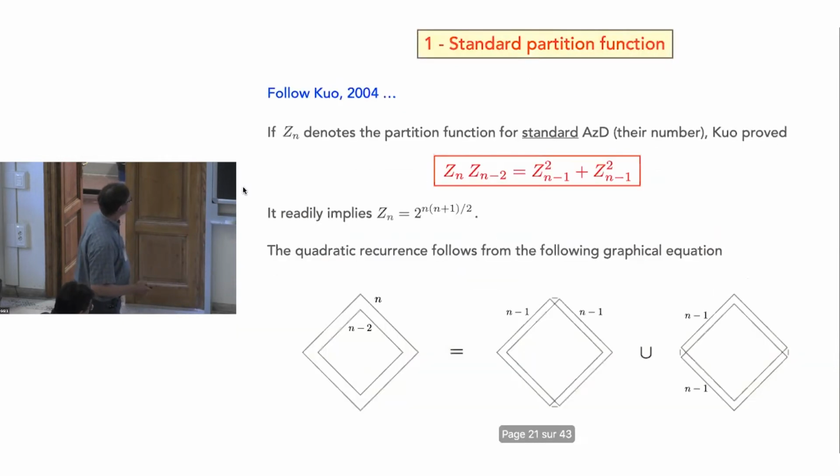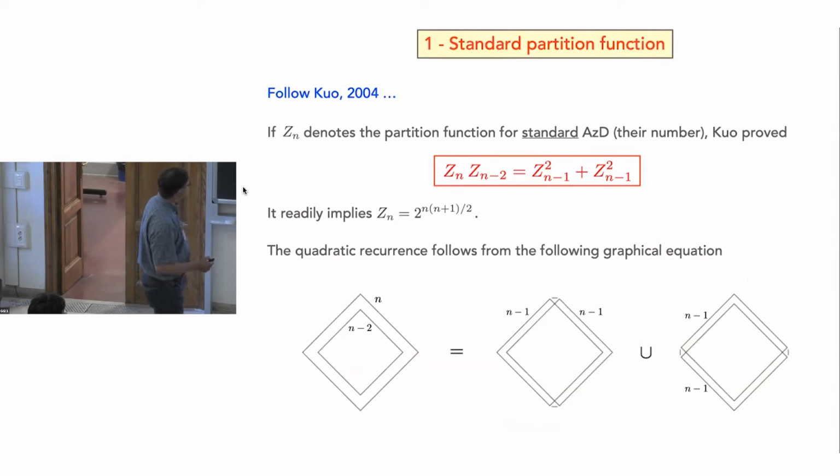Good. So now, how to compute the partition function? First, for the standard Aztec diamond. And here there's a nice idea from Kuo in 2004, which proves that the standard partition function, so plainly the number of tilings of the Aztec diamond of order n, satisfies this quadratic recurrence.